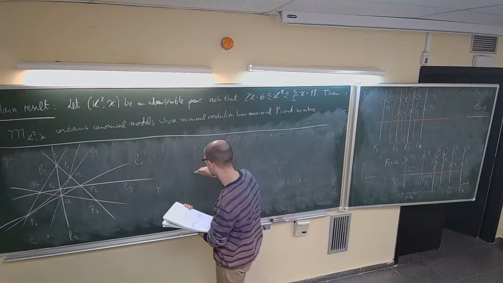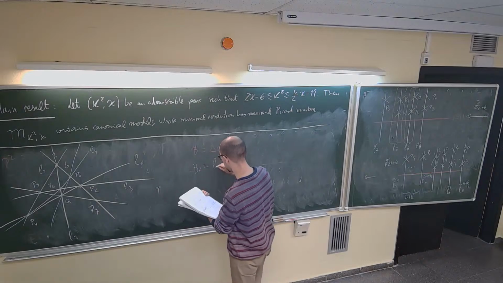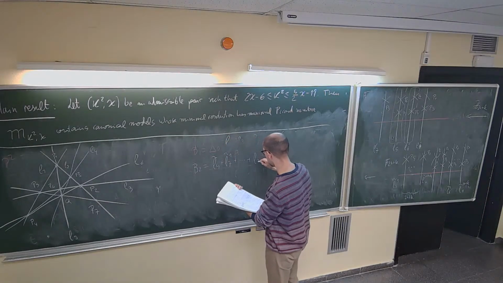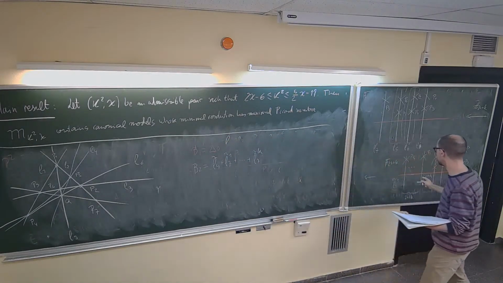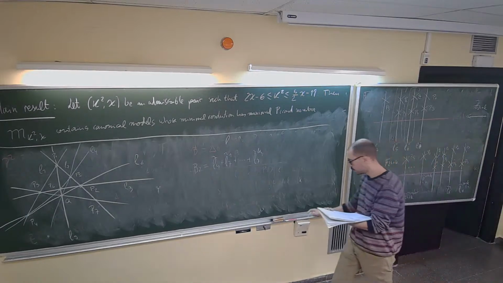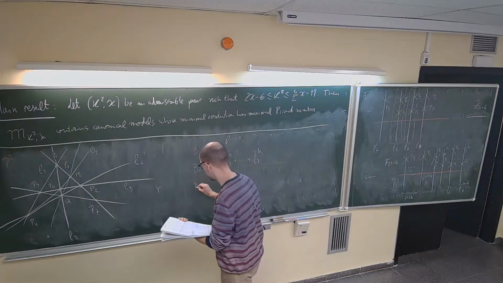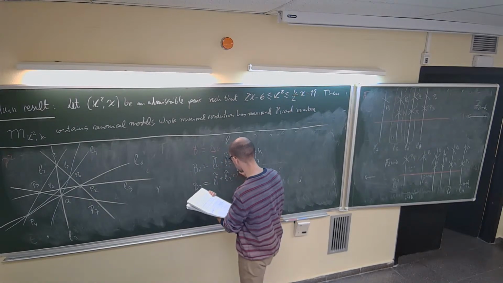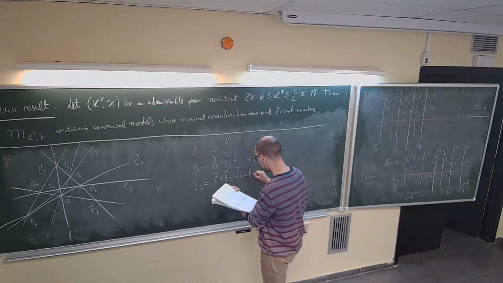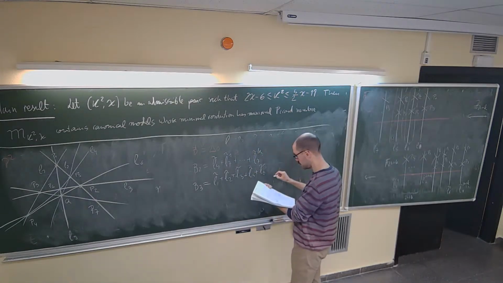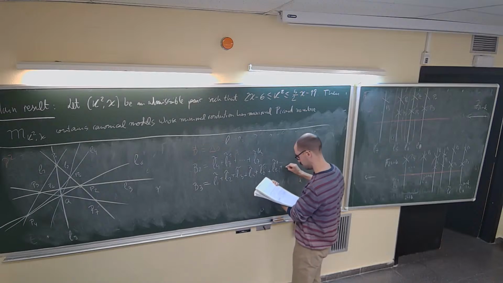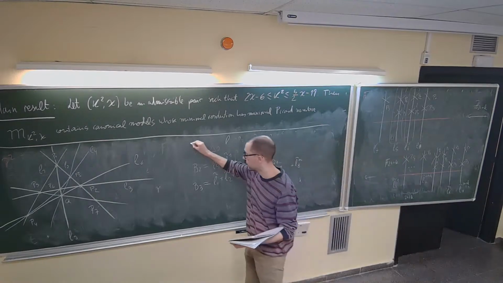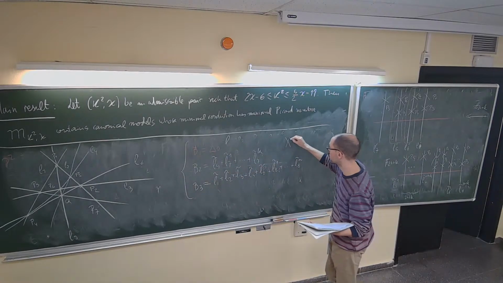Then we will have B2, which is L4 plus k copies of this fiber. And then we will have B3, which is L1 plus L2 plus L3 plus L5 plus L6 plus L7 plus L8. This is the branch locus of the cover that we are going to consider.